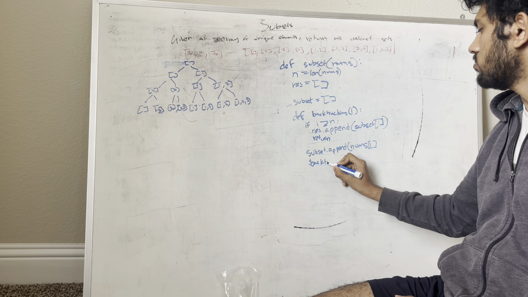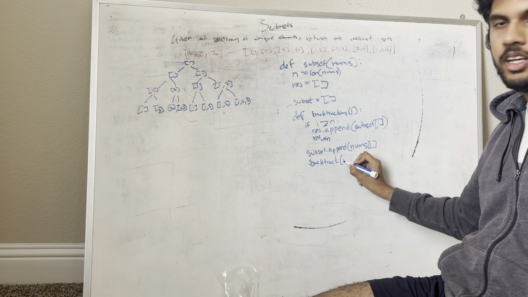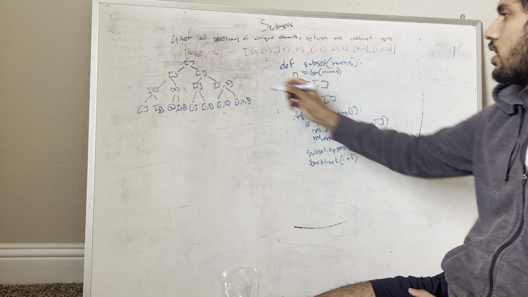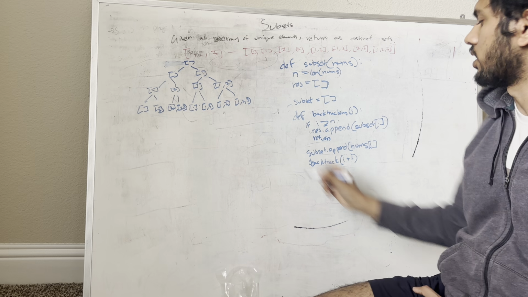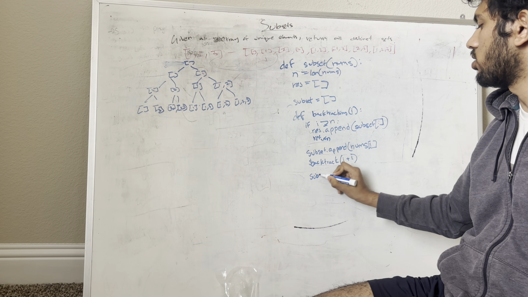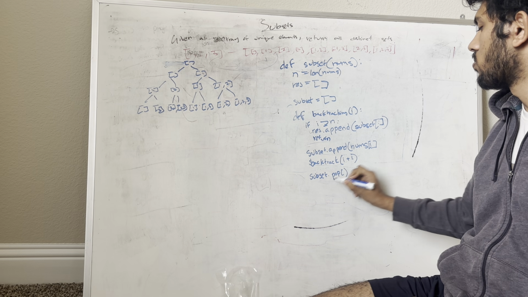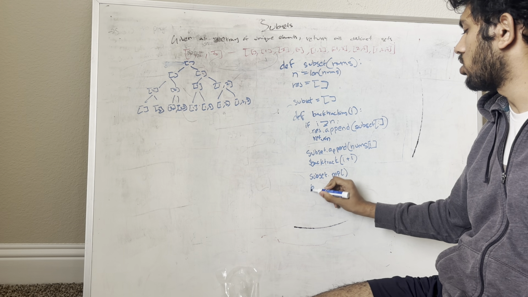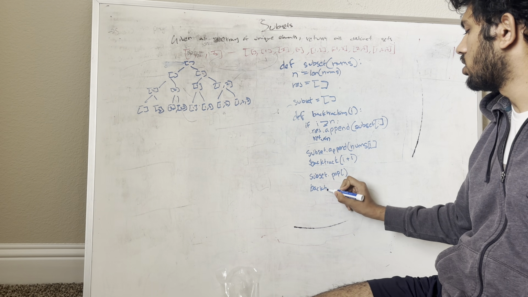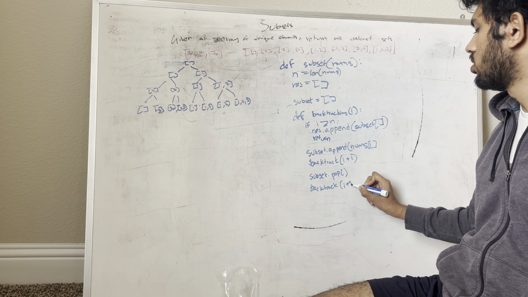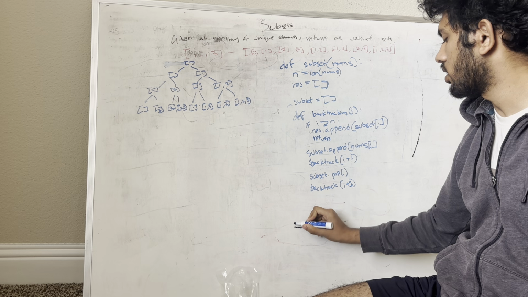Backtrack i plus 1. Now since we're done using this element, we can stop using it. So now we can subset dot pop, and then again we can call backtrack once again with i plus 1, and now we can just return the result.